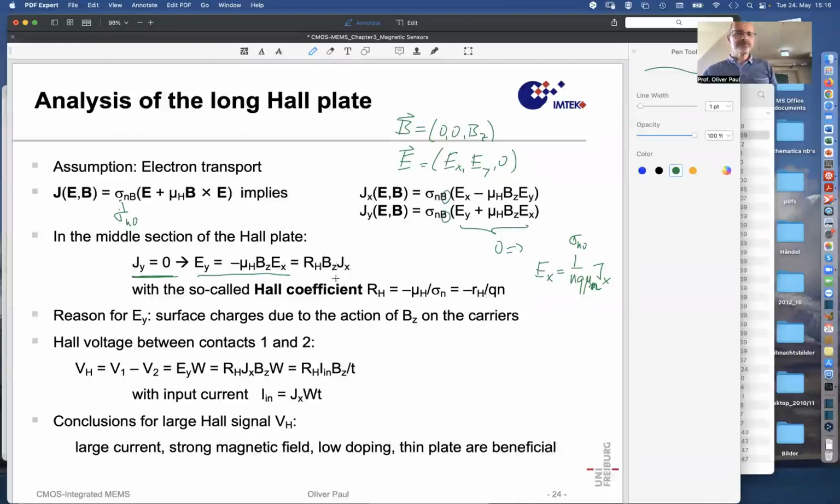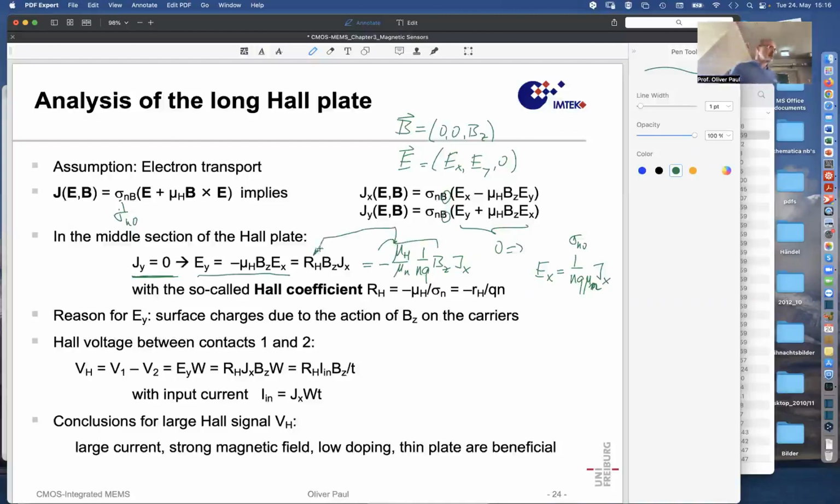Once I substituted it, it looks like minus mu H over mu N times 1 over NQ, and then Jx BZ, or BZ Jx, to keep the order in which you have it here. And this coefficient here is written RH, and is called the Hall coefficient.